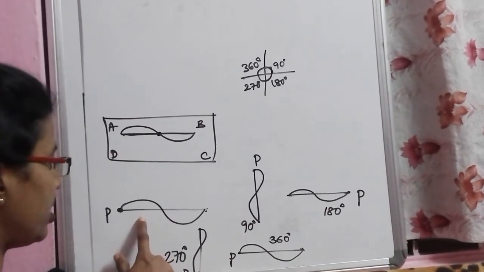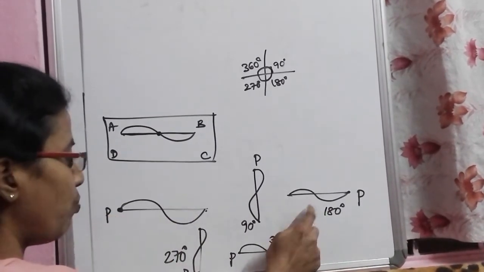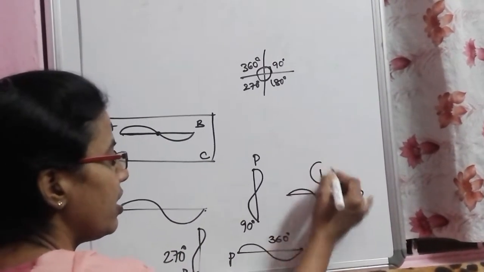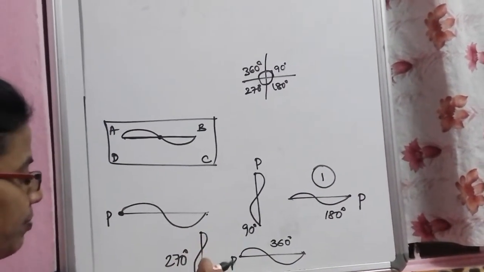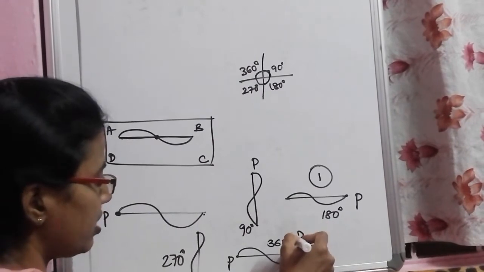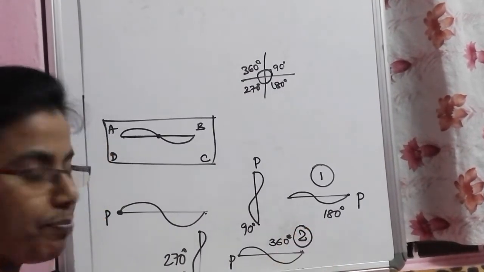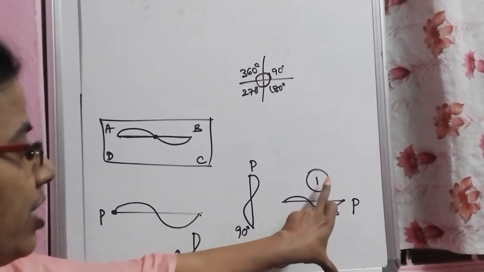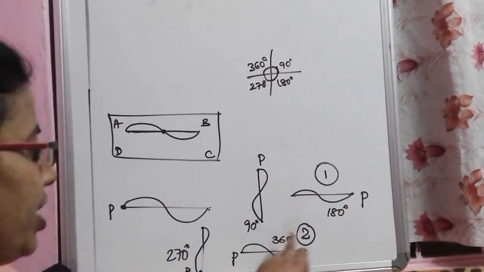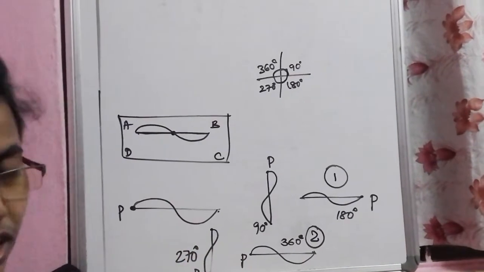Here you can see this is the starting position, and when it is 180 degrees the shape has become same, and then when it is 360 degrees the shape has become same. Understood this? So when it is 180 degrees you got the same shape. When it is 360 degrees you got the same shape.